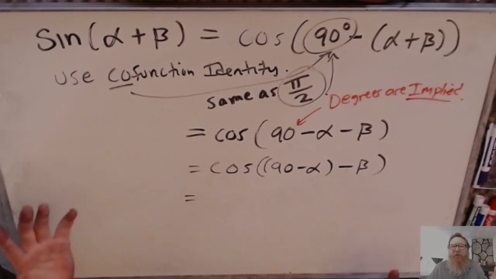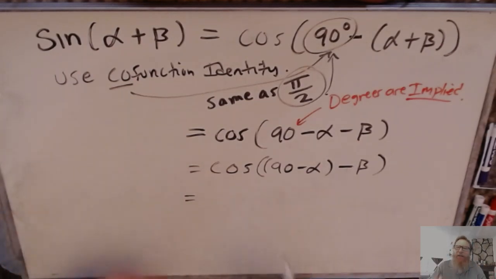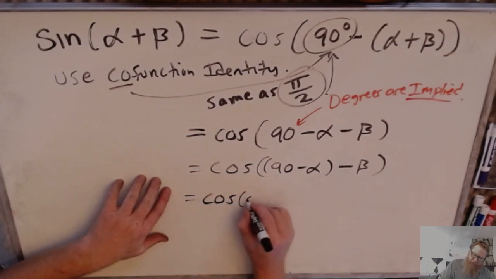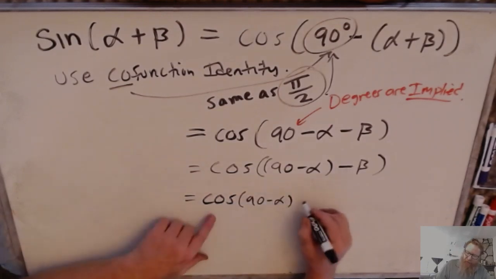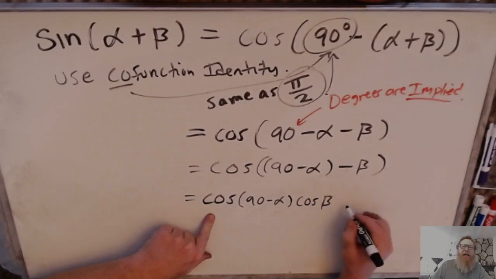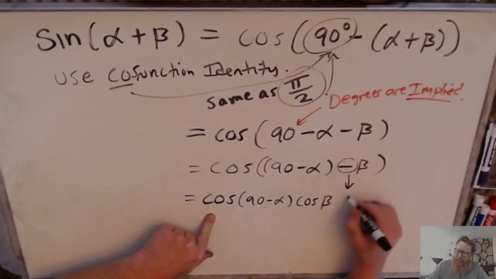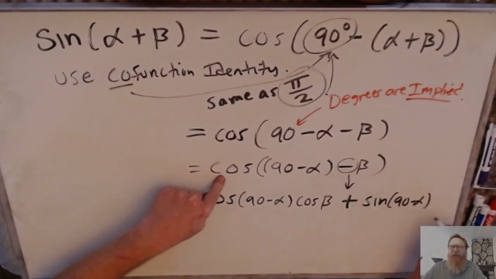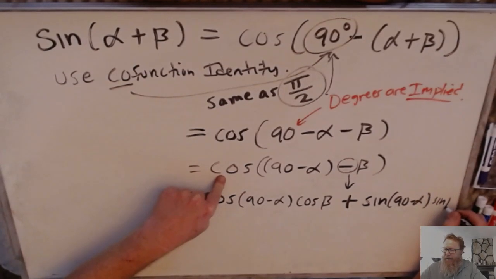I already have a formula for cosine, so I can just use that over and over again. So what's the formula for cosine? It'd be cosine of 90 minus alpha, cosine beta. This is minus, so that changes to plus. Sine of 90 minus alpha, and sine of beta.